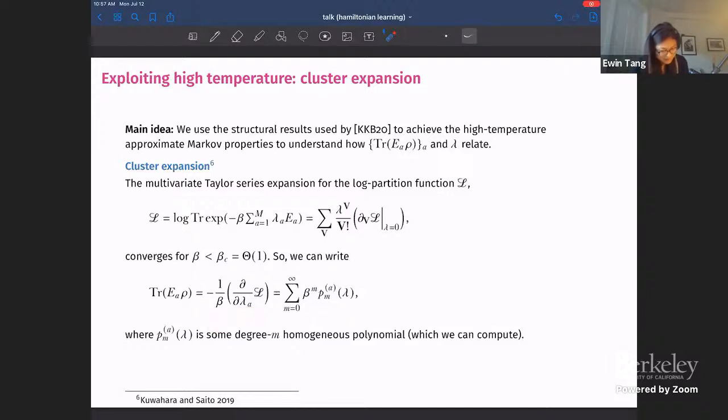And so this means that we can write the marginal basically as a Taylor series expansion. In fact, the coefficients of these polynomials are things that we can compute.